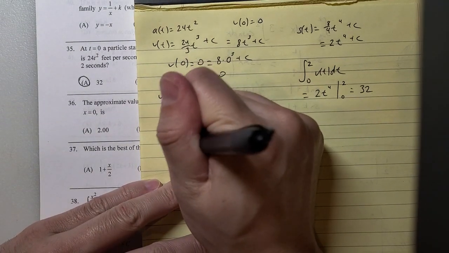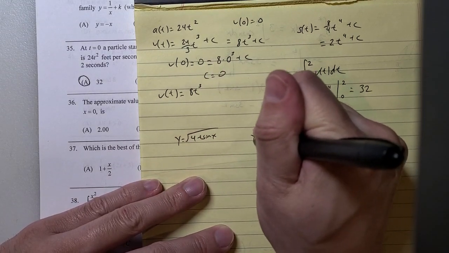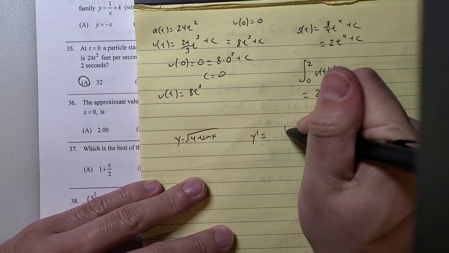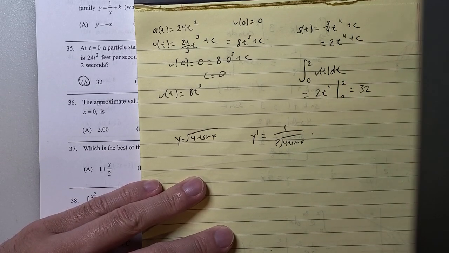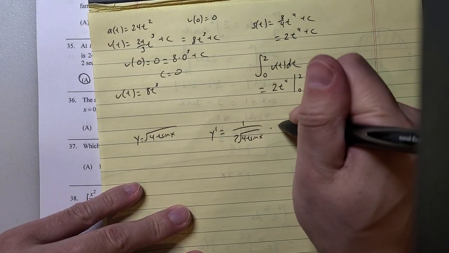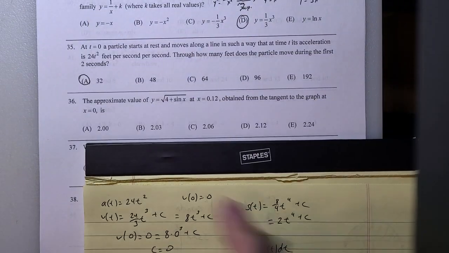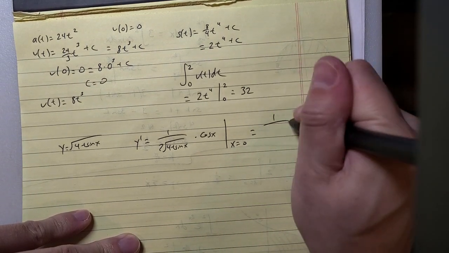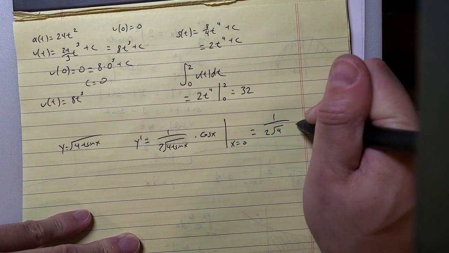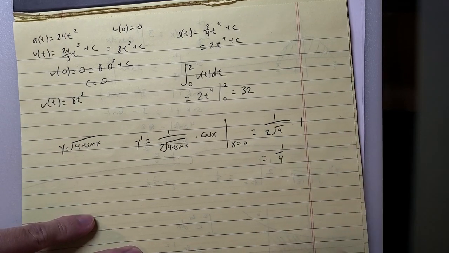If y is square root of 4 plus sine x, y prime would be 1 over 2 root 4 plus sine x times the derivative of the inside, which is cosine x. Evaluate this at x is equal to 0, and we get 1 over 2 root 4 times 1, which is 1/4. This is the slope of the tangent line.